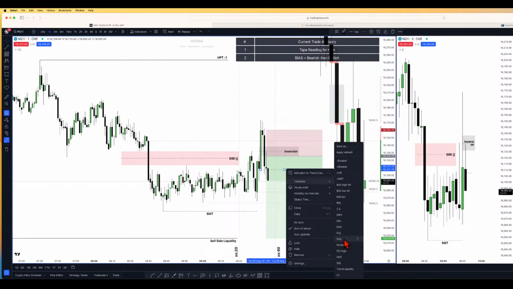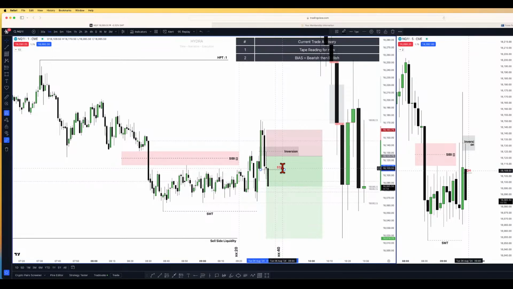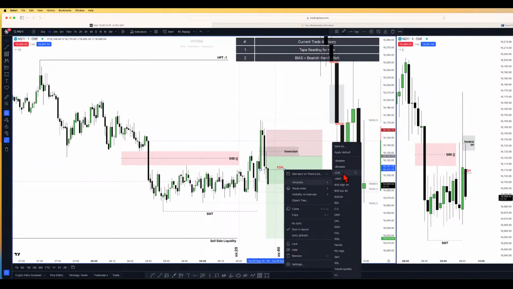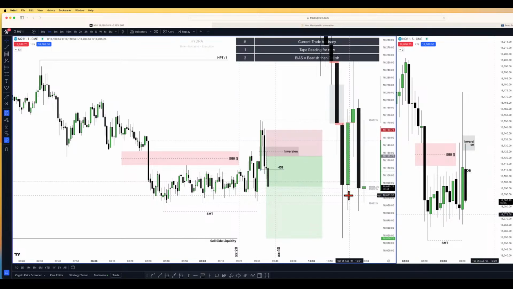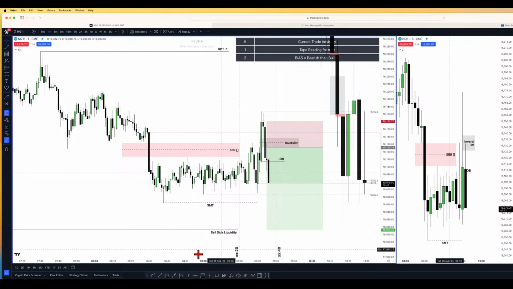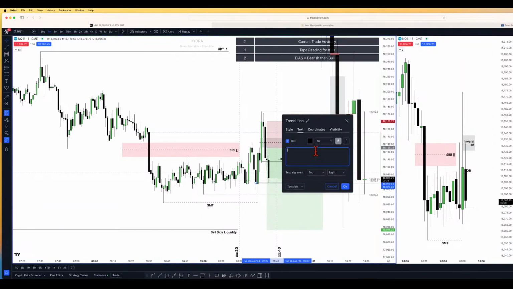Okay, so equal low here. Yeah, see, I missed it. That was the order block. Well, we have a breaker down here.